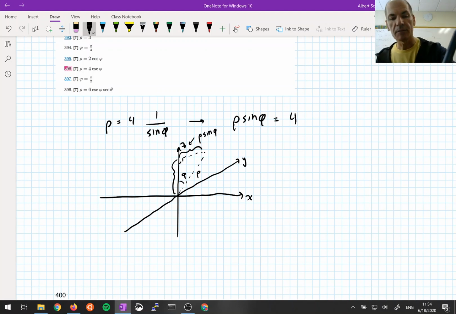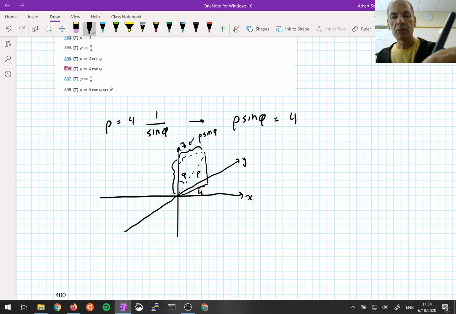So that's telling me that whatever these points are, they are always a distance 4 from the origin in the xy plane.